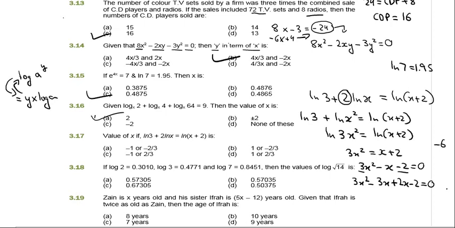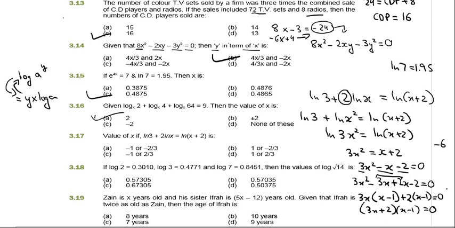Minus 3x plus 2x is minus x, and also minus 3 into 2 is minus 6. Now taking 3x common from the first two terms, x minus 1 is left. On the other side, if we take 2 common, we are left with x minus 1 is equal to 0. Therefore 3x plus 2 into x minus 1 is equal to 0.